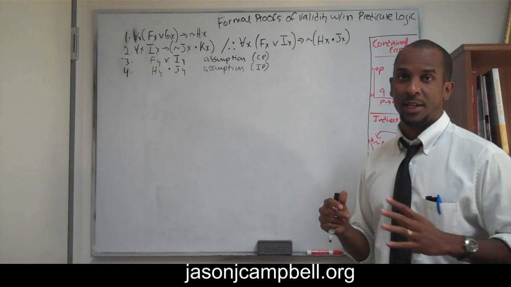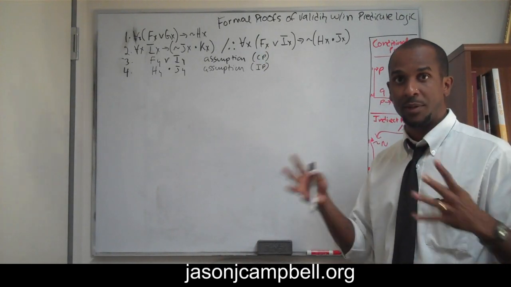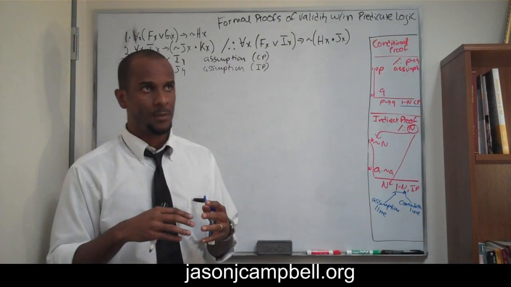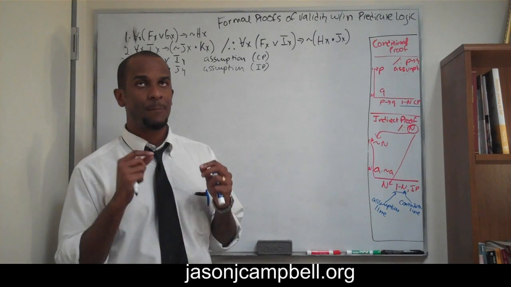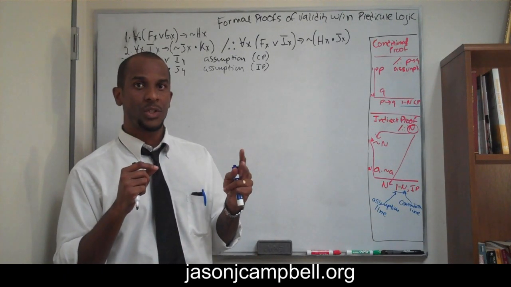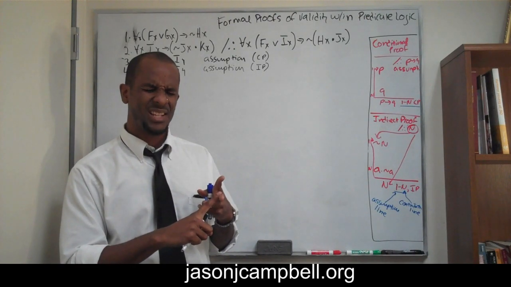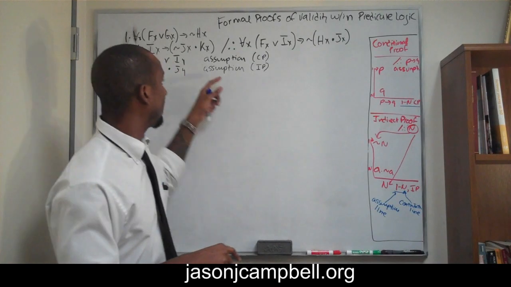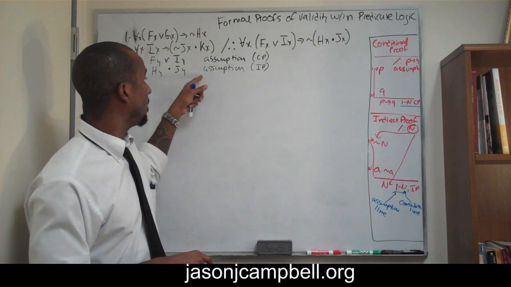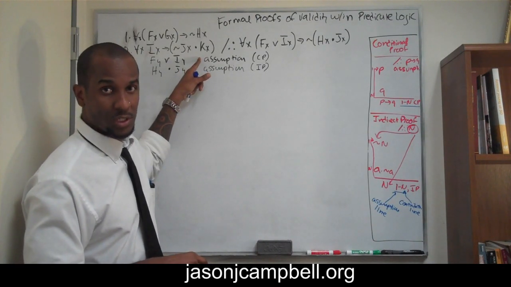The next thing you should recognize, as our problem starts to build slowly, is a theoretical point. If we have a problem in which we have both a conditional proof and an indirect proof, then in this specific problem our indirect proof is going to have to be within the scope of our conditional proof.